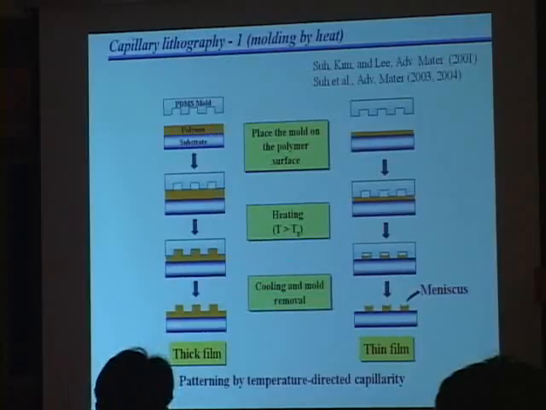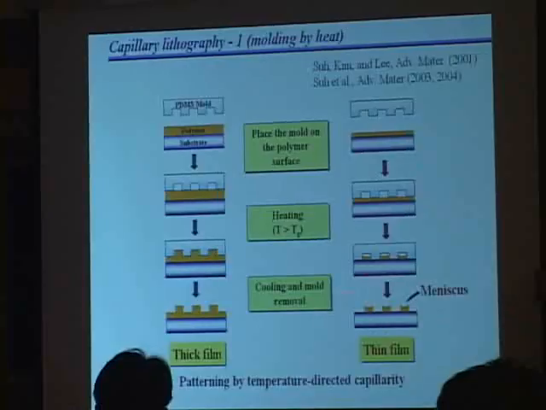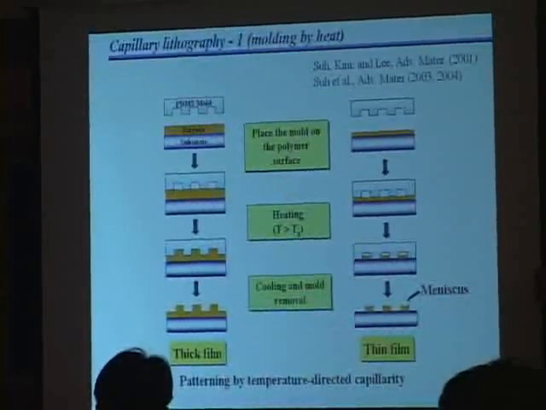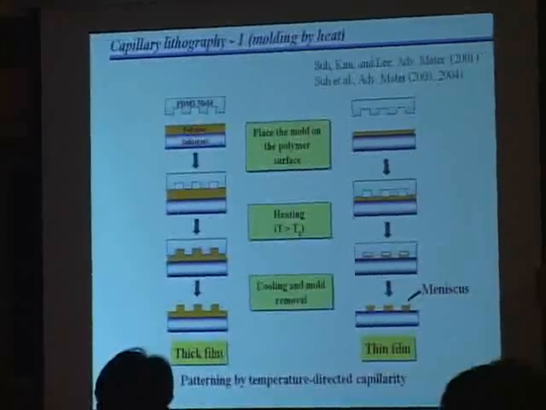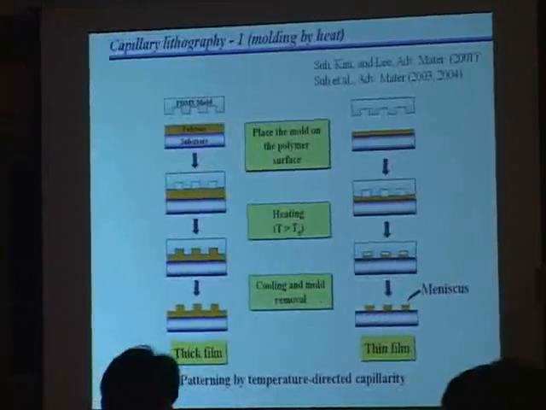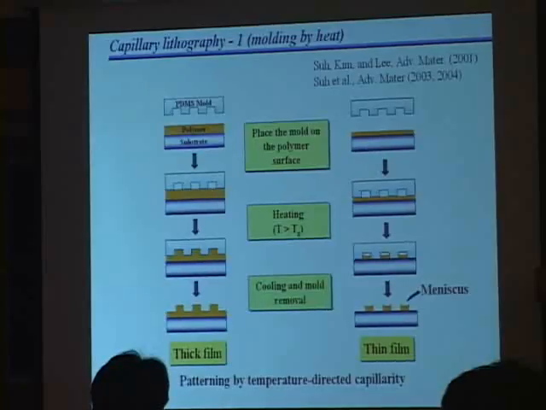Interestingly, there are two limiting cases. If the polymer film is very thin with respect to the height of the mold, the substrate surface can be almost exposed. In this case, a meniscus is observed, like here, which indicates that this process is driven by capillary force.